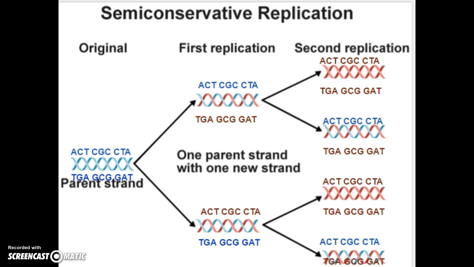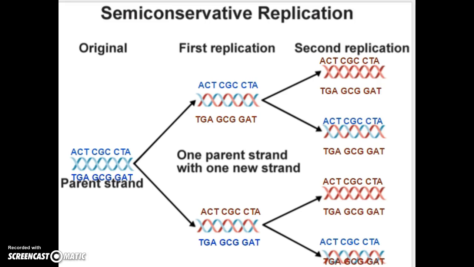A pairs with T and C pairs with G. Now, if I take the top strand, which reads ACT, CGC, CTA, and I use that as a template in the first replication, guess what I will get for my other side of my DNA molecule? The same sequence that I had in the original parent strand.